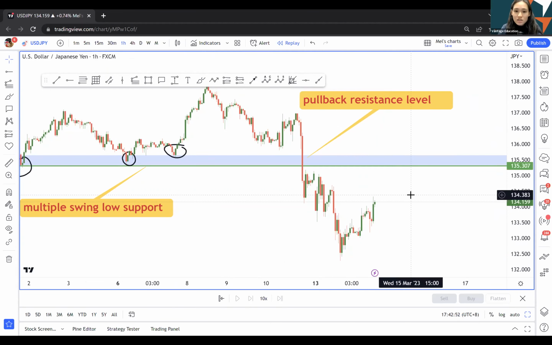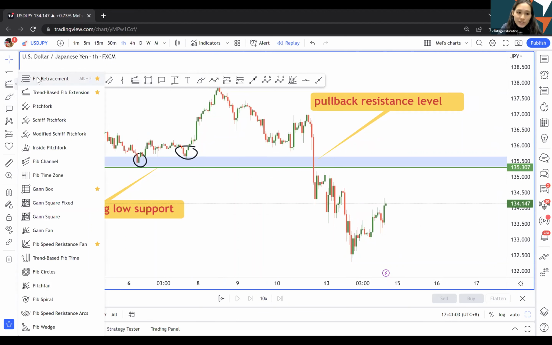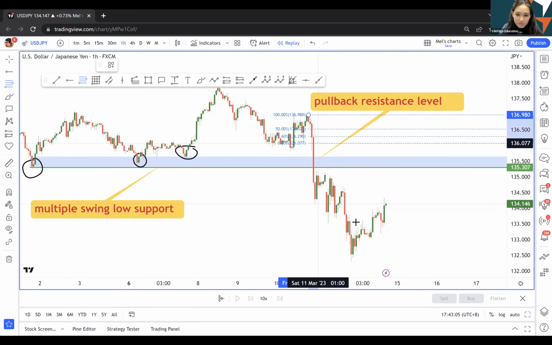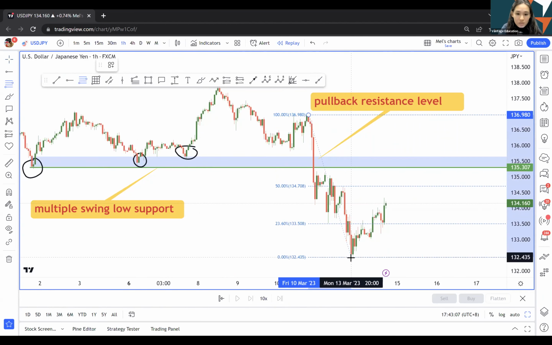Okay, so now let's make use of some Fibonacci levels. Same thing for Fibonacci, you want to make sure that you find clear market structure as well. For a retracement, which is what I'm looking for now, we typically use these five levels.